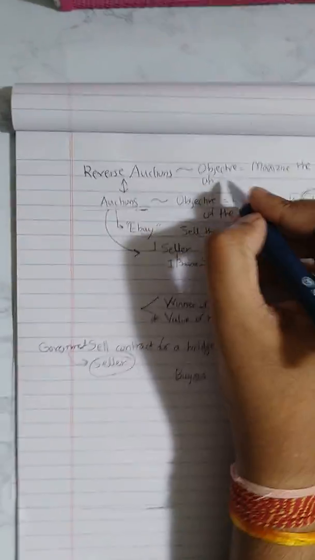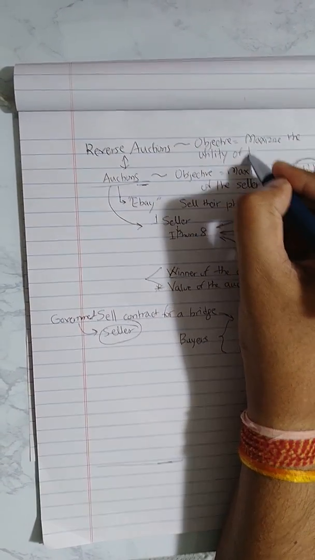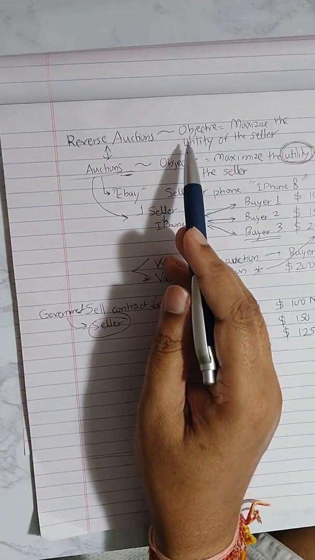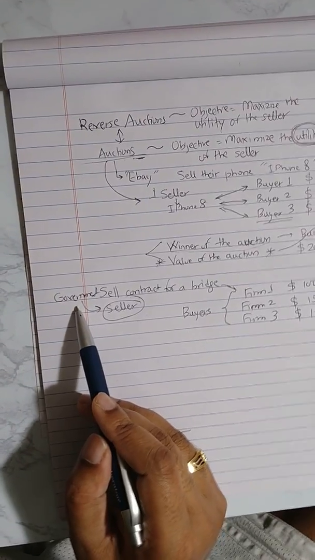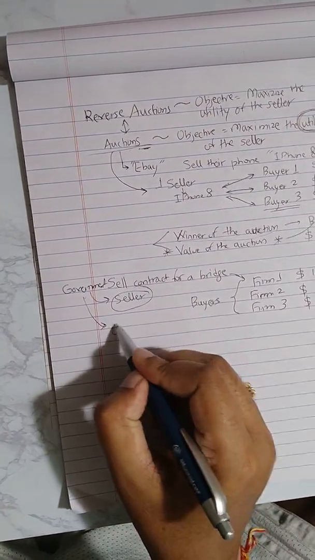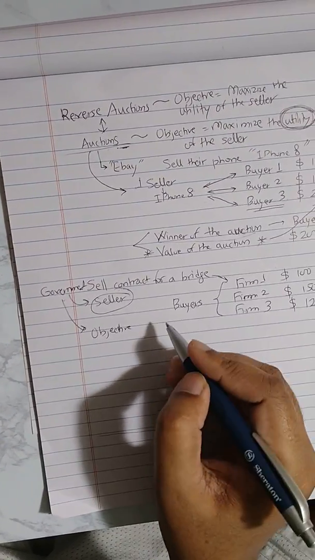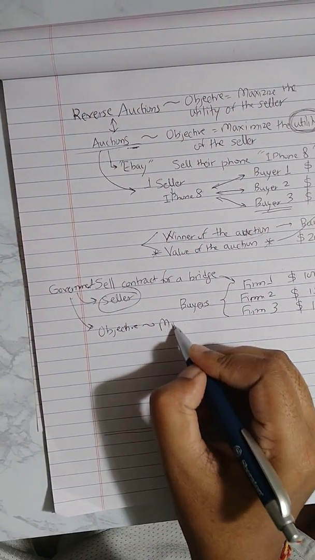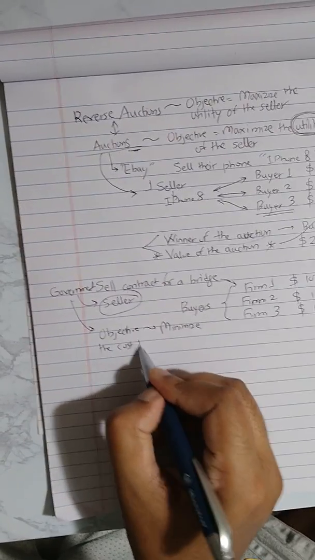If you look back at our definition, we are still trying to maximize the utility of the seller, but in this case, the utility of the seller, for example the government, is to minimize the cost. So the objective is to minimize the cost to the seller.